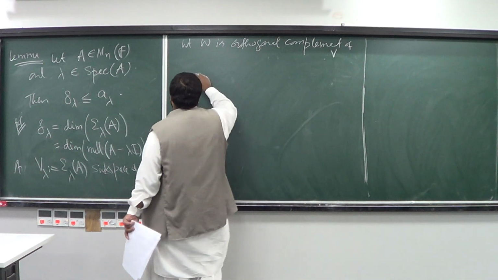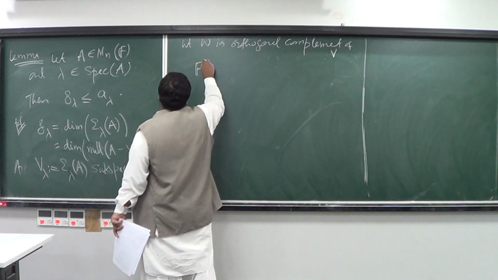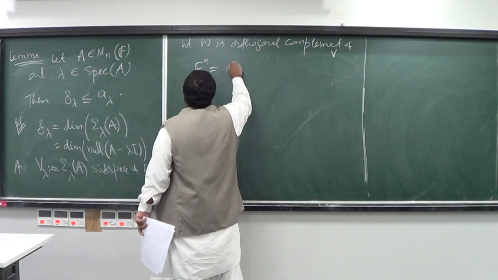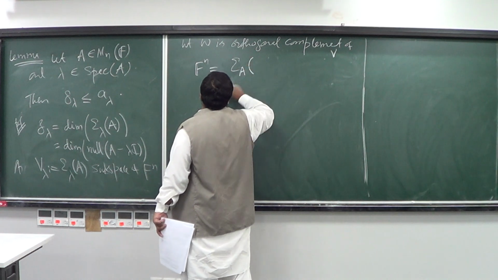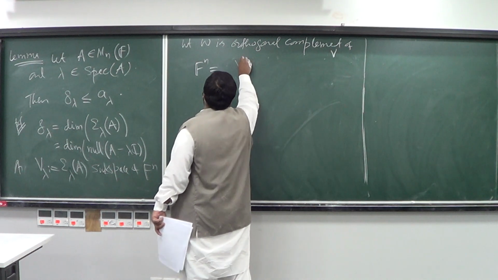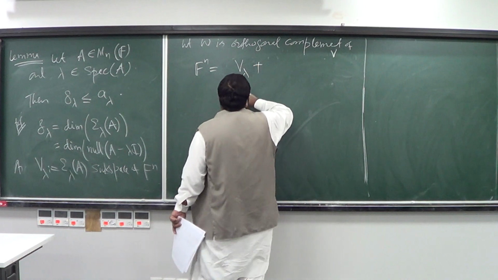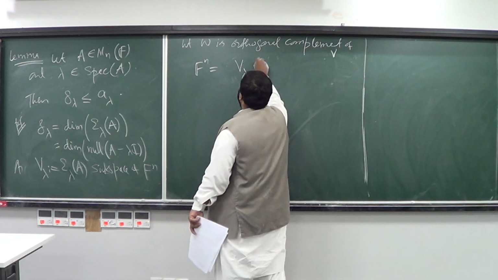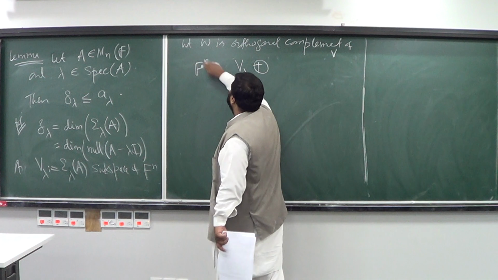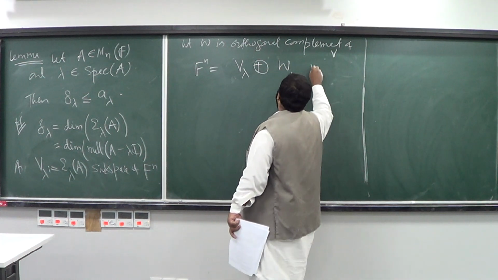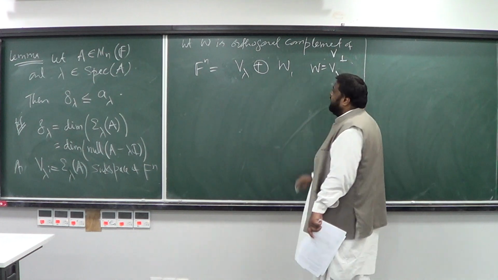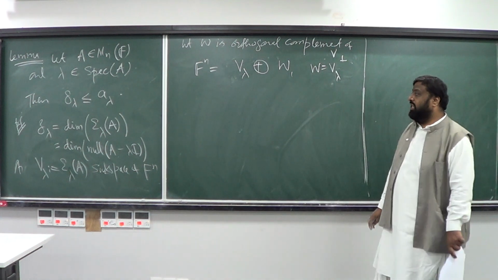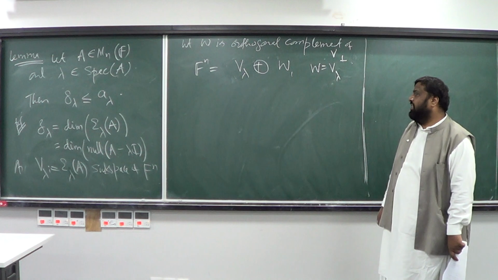So I can write F^n as the direct sum of V lambda and W, where W is the orthogonal perp of V lambda. This is the quick result that you're going to get.